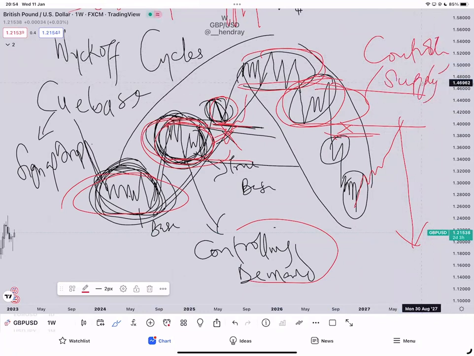Is that understood? That is all about controlling demand and supply. Then I've already stated the fake demand and supply area. What is your fake demand and supply area? This unsupported base. That is your fake demand and supply area, nothing more.